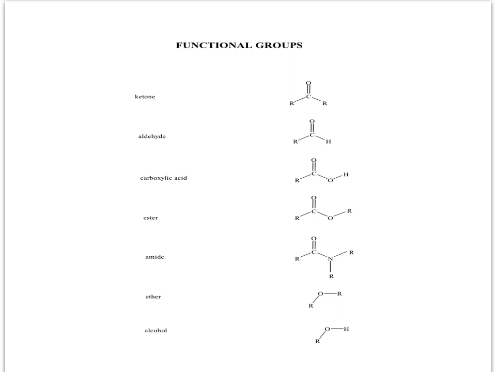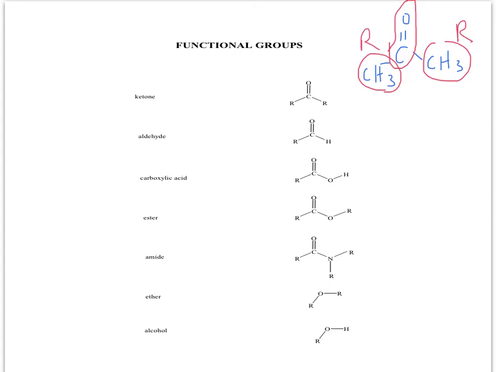So for example, if you saw this structure, okay, that is going to be a ketone. And how do we know it's a ketone? The ketone has this CO group, and then it's got these 2 other groups. We call them R groups. So that's an R and that's an R. And so the structure is C double bond O and R and R. That's a ketone.